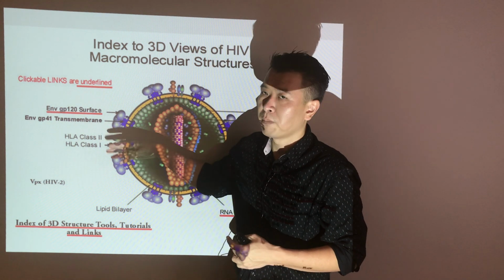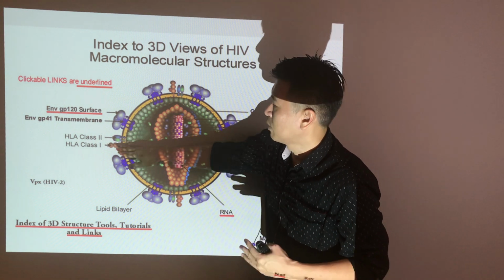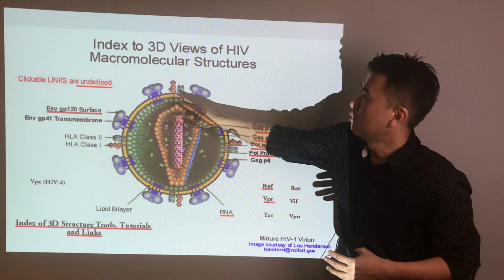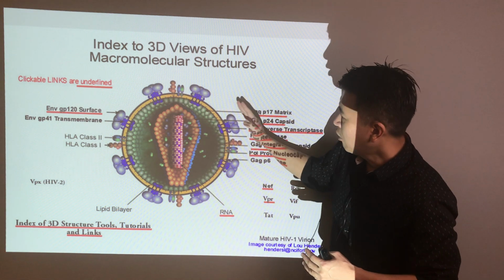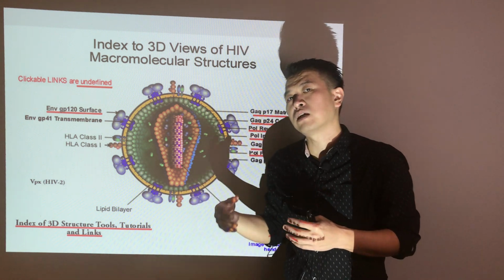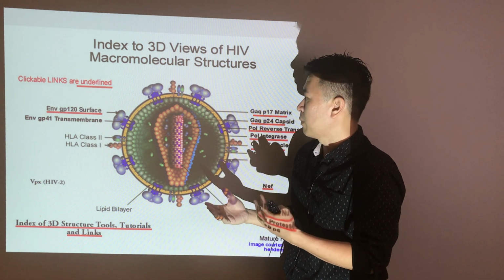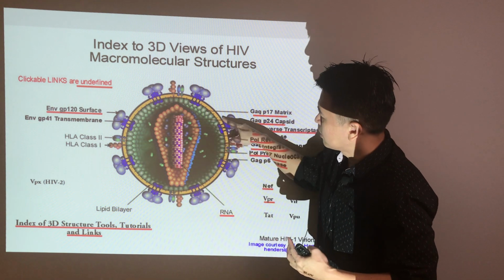This HLA, or MHC, is coming from the host, so this is not part of the viral gene. All right, moving inwards, this is the membrane, and HIV gets its viral membrane from the cytoplasmic membrane.